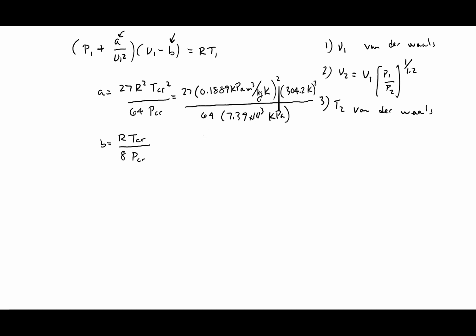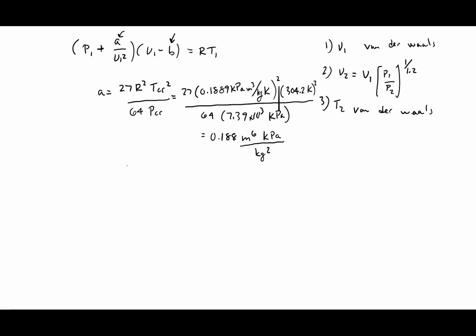So this is going to work out to 0.188 meters to the sixth kilopascal per kilogram squared. And the units are kind of weird, but just go through and verify it and make sure that your units are right.